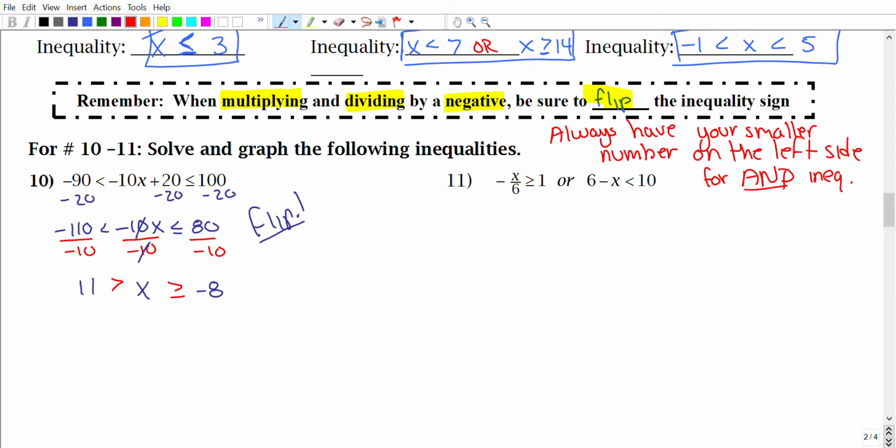Between the 11 and the negative 8, we can see right away that the negative 8 is the smaller one, so I actually want to rewrite this. Now, again, this one right here is called a rewrite, not a flip. Okay, we're going to rewrite this, so I'm going to put the negative 8 here, the x still in the middle, and my 11 on this side.